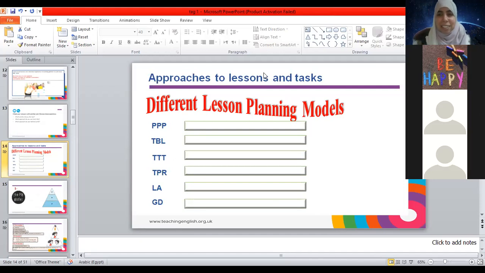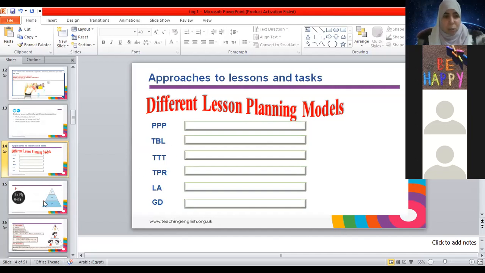Then GD, I'll say it: guided discovery. So we will go through these six models while planning a lesson: PPP, TBL, TTT, TBR, LA, and GD.